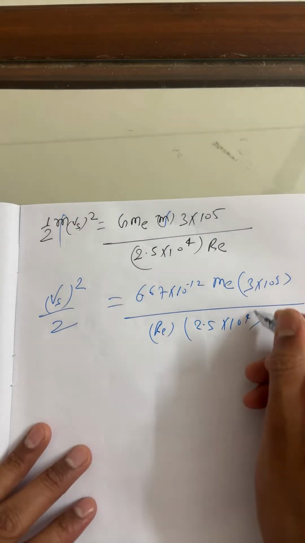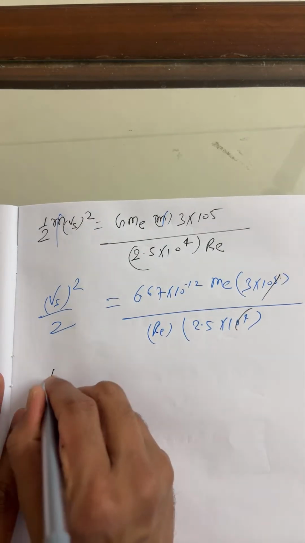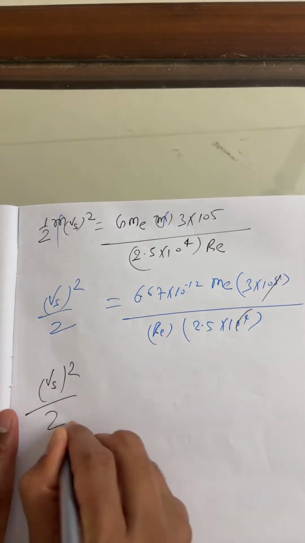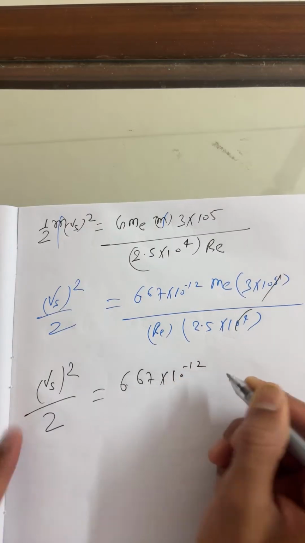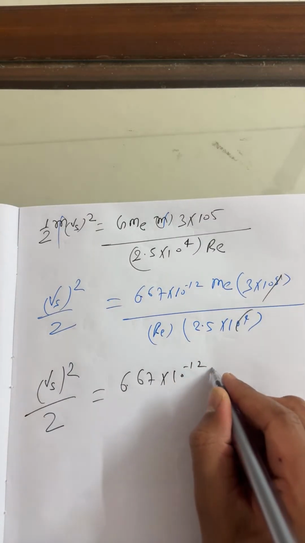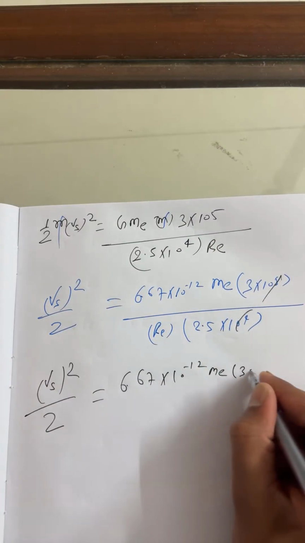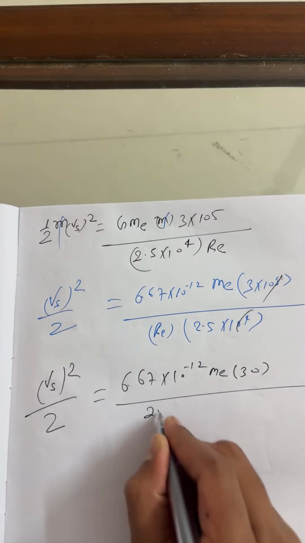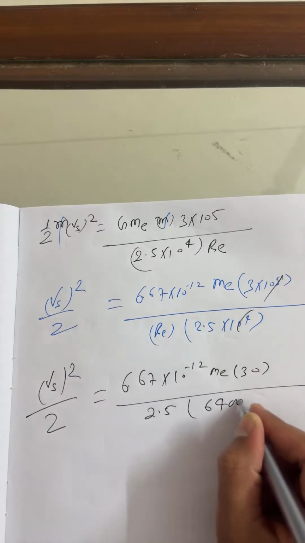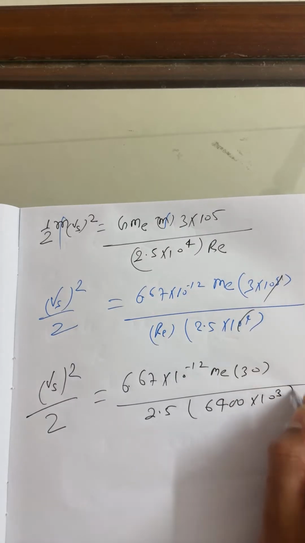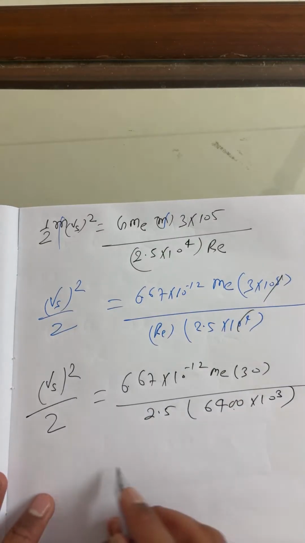You can say, student, this is cancel, right? You can see this is 30. So this is V_s whole square by 2, 6.67 into 10 to the power minus 12 into the mass of Earth. So beta the 30 upon here 2.5 and radius of Earth 6400 kilometer means 10 to the power 3. So we can say 3 plus 2, 5 will go up to 6.